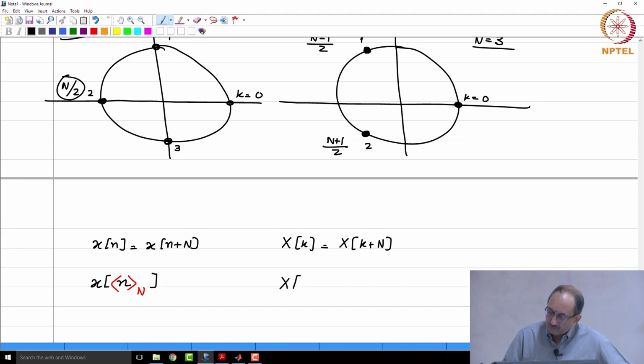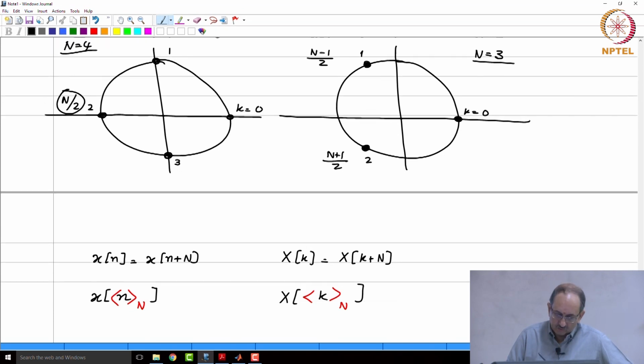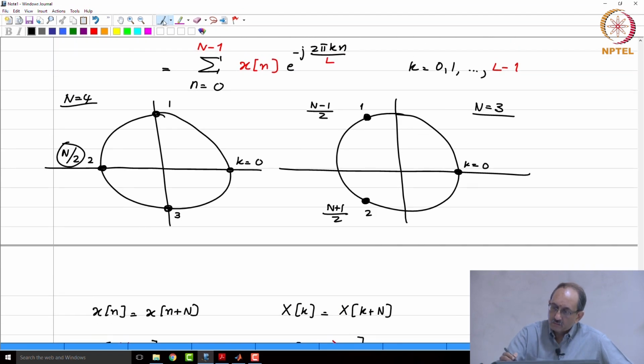Similarly, here the index is really index mod capital N, because both of them are periodic with period capital N. Therefore, both the sequence index and the transform index are index mod capital N, and hence this index is also the same as minus 1, right. Similarly, this index also is the same as minus 1.